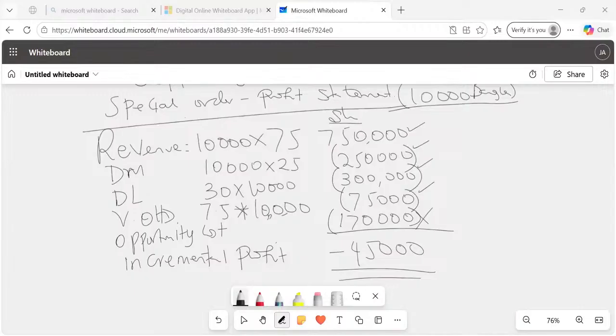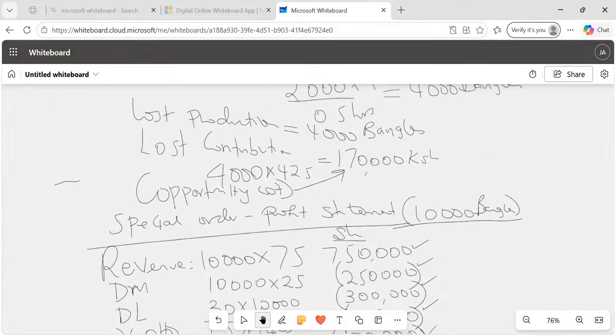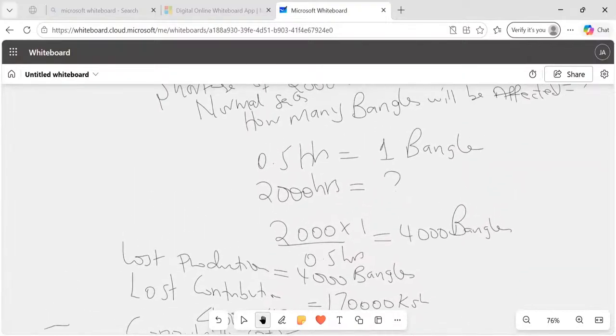They have written so many things now I can't even get. So they wanted me to adjust the board. Something we shall overcome. Number of hours needed for the special order, yes.